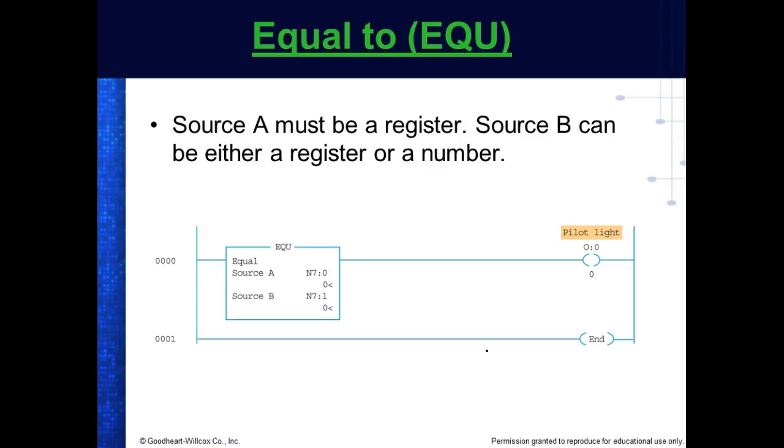If it's actually got the number, we call that immediate address. If it's got a register that contains the number, then we call that direct address. If it has a register that points to a register that has the address, then that's going to be indirect address.